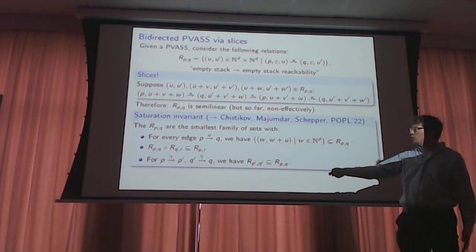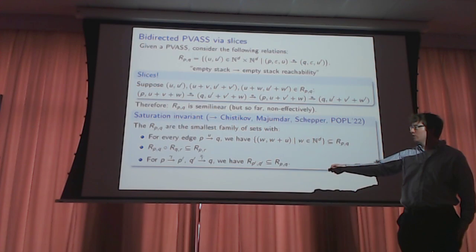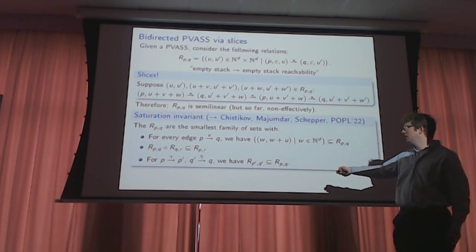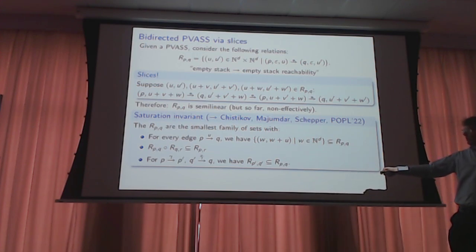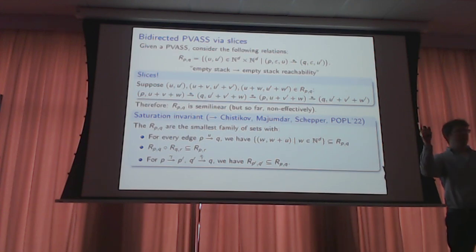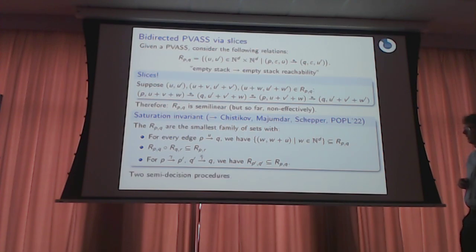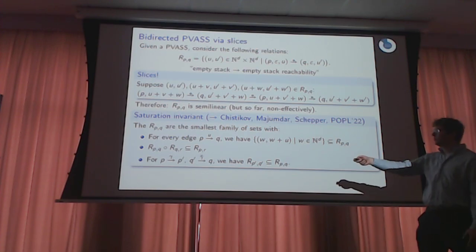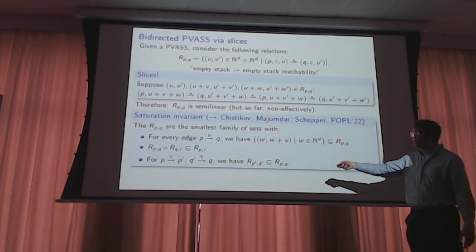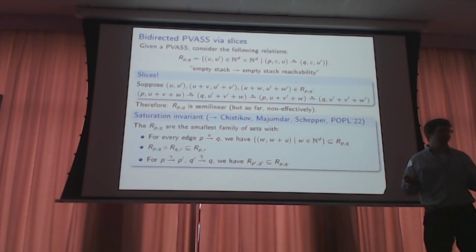So if you can push from P to P prime, and you can pop from Q prime to Q, then everything you can do from P prime to Q prime, you can also do between P and Q, right? Because you can first push, do your thing, go back. Right, and they're the smallest family with this property because if you have this property, of course, you catch everyone.